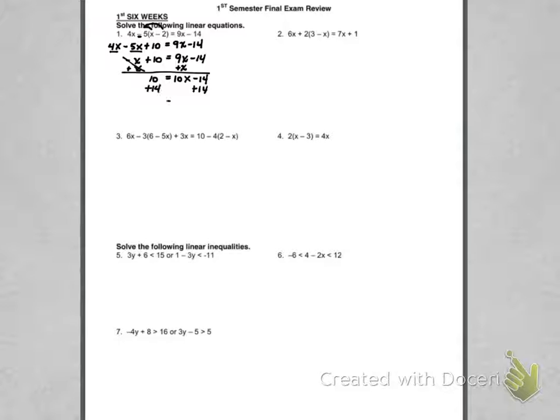Bring down your equal sign, and so you're left with 10x equals 24. And then you need to divide by 10. So x is equal to 24 tenths, and then you have to reduce that fraction. Each will divide by 2, so that will give you 12 fifths as your final answer for that problem.